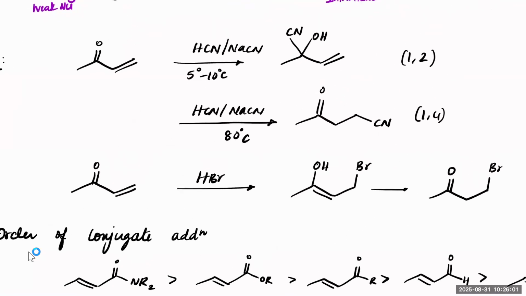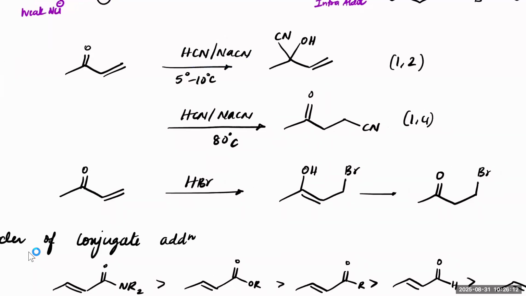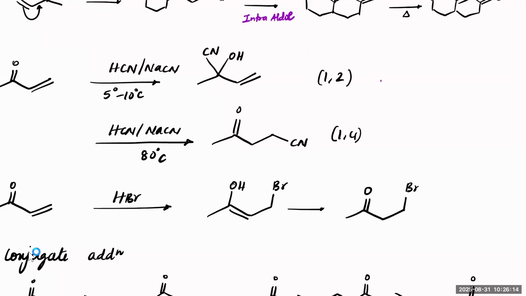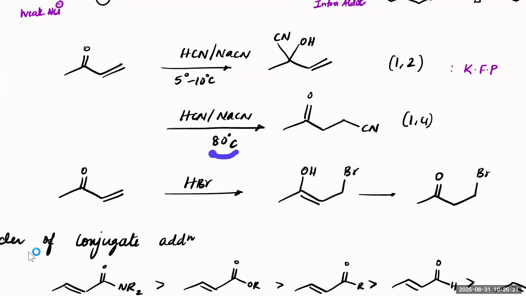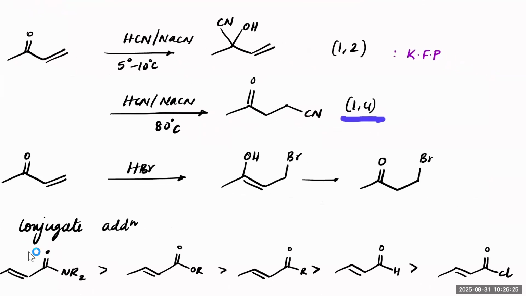Next, if you have HCl in the presence of NaCN, if you are taking it at a very low temperature, the kinetically favorable product is observed, which is 1,2 addition. If it is at high temperature, the thermodynamically favored reaction is observed, which is 1,4 addition.